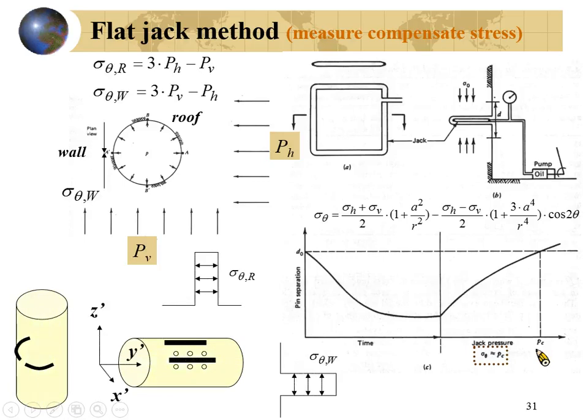So usually you will have a measurement at the tunnel wall and a measurement on the roof of the tunnel. Then you can evaluate pH and PV.